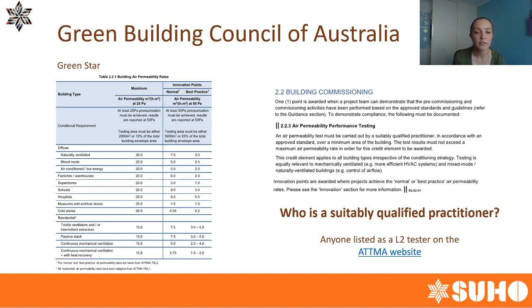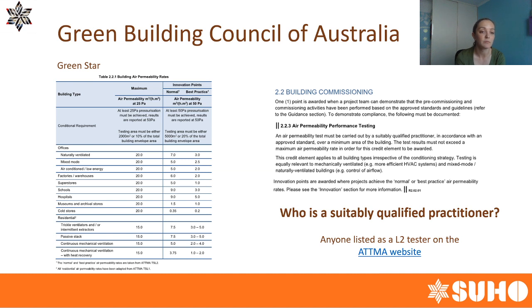The Green Building Council of Australia. This is one of the only organisations that does mandate blower door testing in Australia. Under their credit 2.2, they have air permeability performance testing, which is another term for blower door testing or air tightness testing. They have different cutoffs, different targets for different types of buildings.